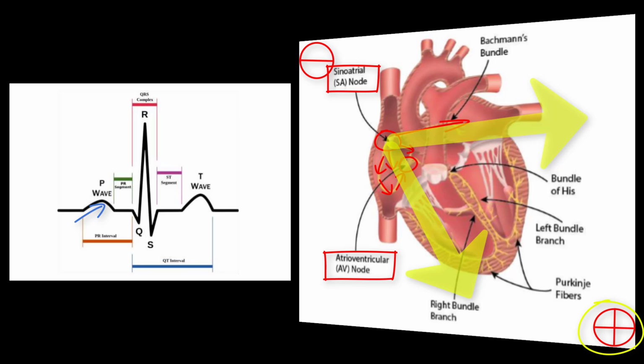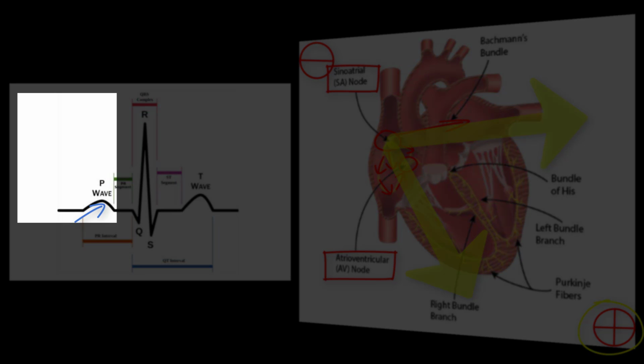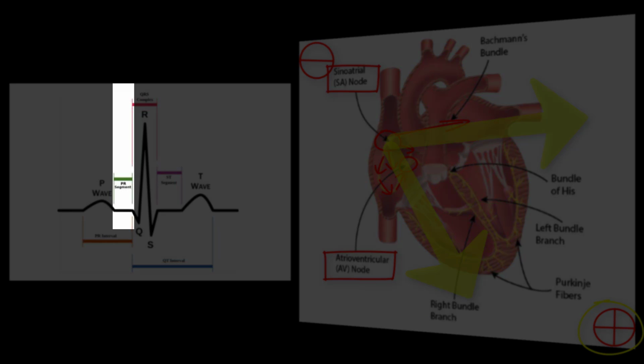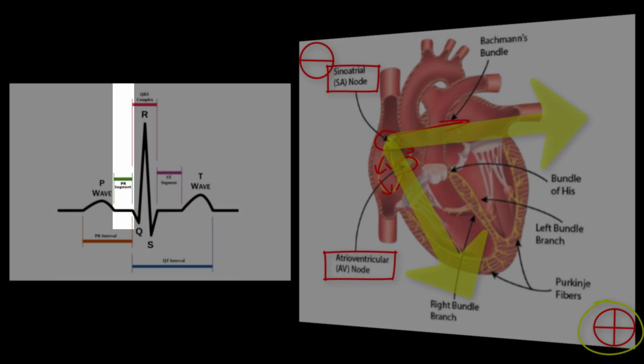We call this deflection the P wave, which means atrial depolarization. Depolarization does not mean contraction of the heart. Depolarization is just the signal being sent to tell the heart to contract. During the PR segment on the EKG is when the actual contraction of the atriums is occurring.